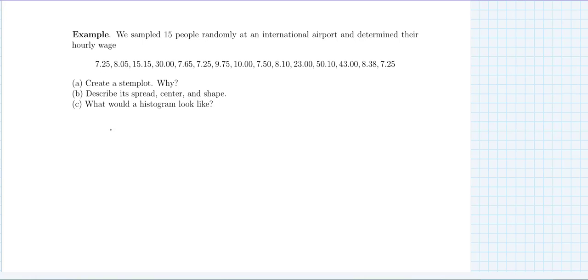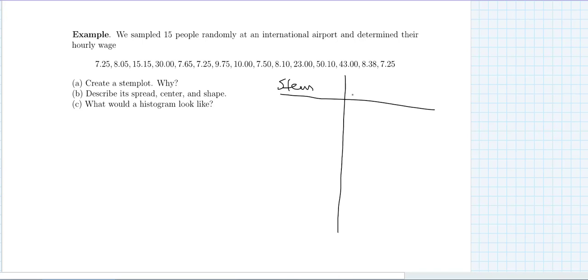Alright, so let's create a stem plot. But before we create a stem plot, we have to figure out what is our stem going to represent and what will our leaf represent. Okay, so remember we have these two portions, stem and leaf.